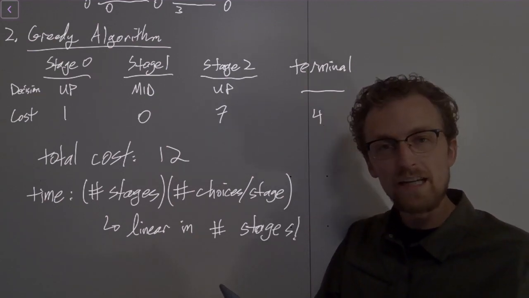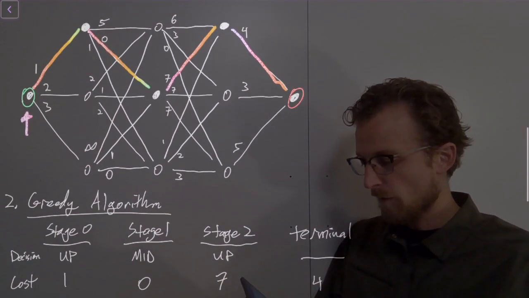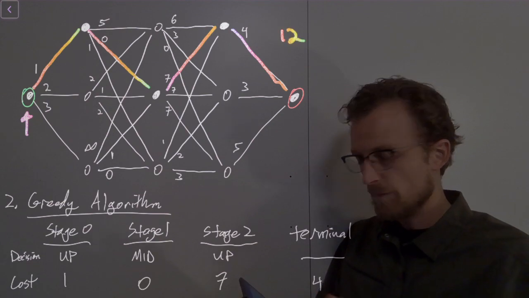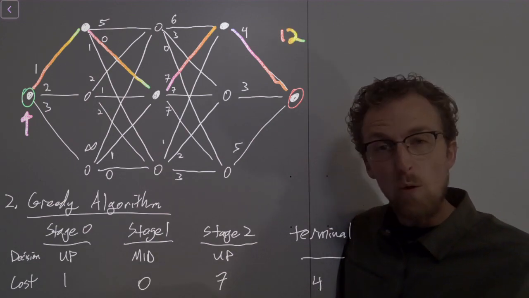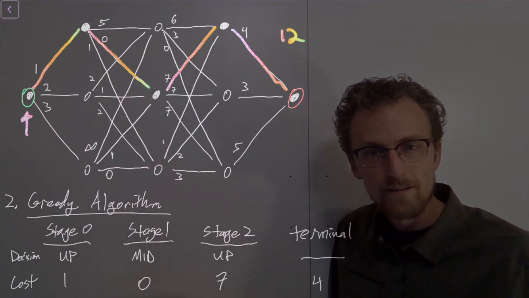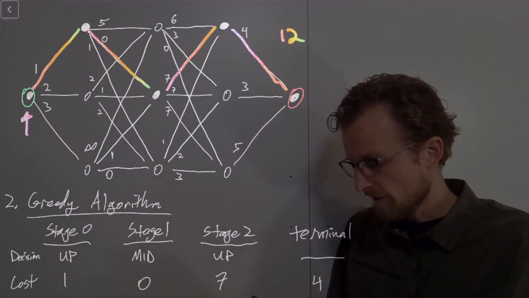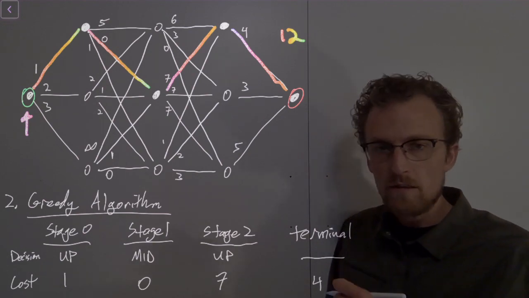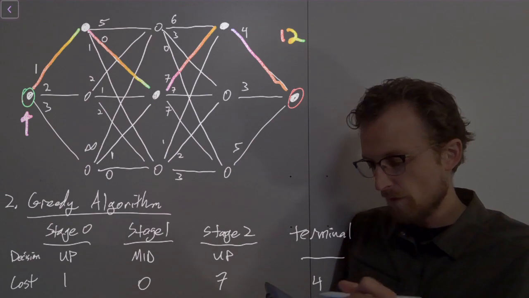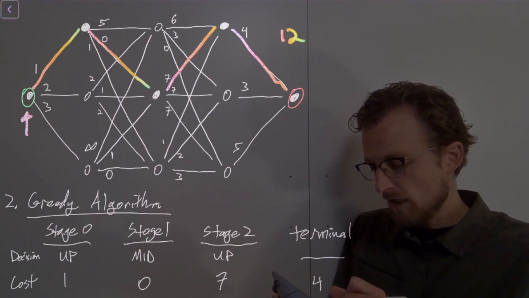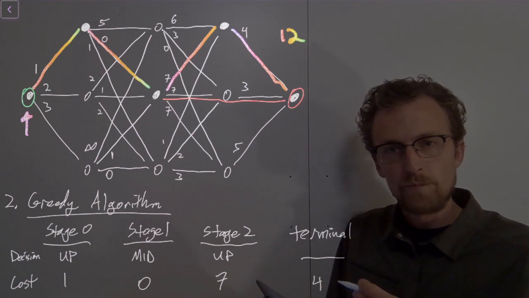Okay, but did it give us a good path? So we said the total cost of this rainbow path is 12. So we can ask, is that the best path we could have chosen? And I hope it's obvious that it's not, right? Even in the last stage there, what we should have done is gone middle instead of gone up, right? So I can switch from up to middle in the last stage and reduce our cost by 1, right?